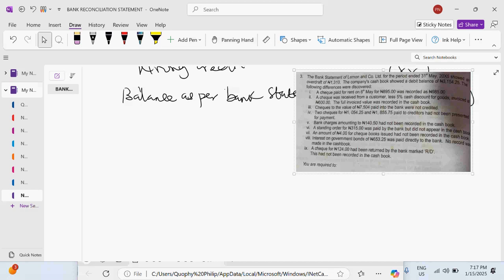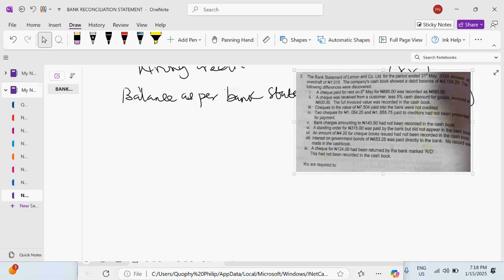Interest on government bonds of 653.25 was paid directly to the bank. No record was made in the cash book. A check of 124 naira had been returned by the bank marked RD. This had not been recorded in the cash book.